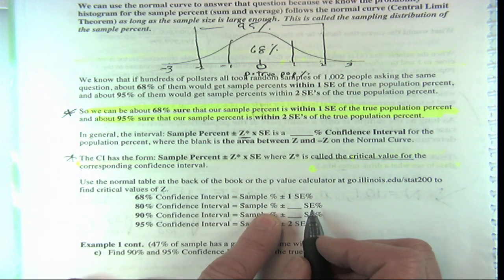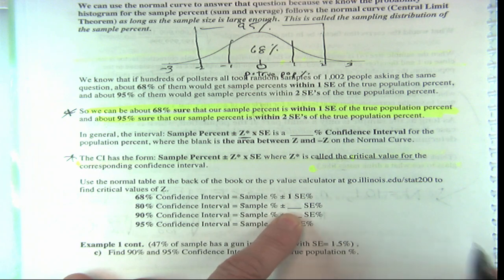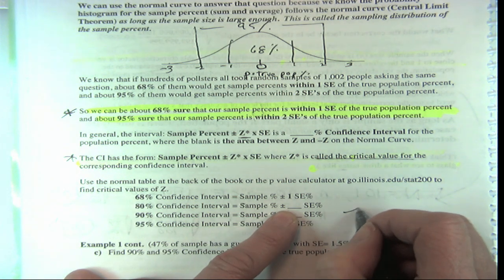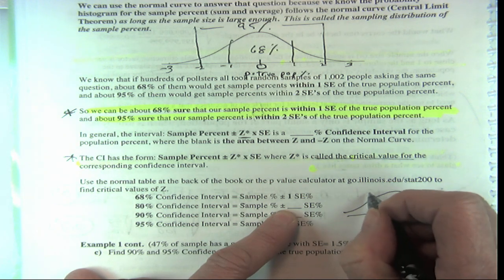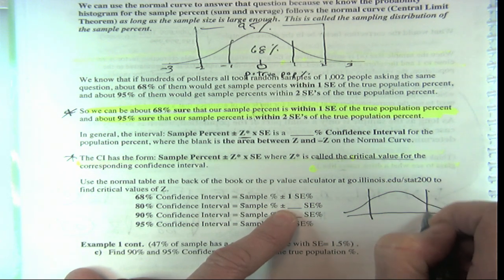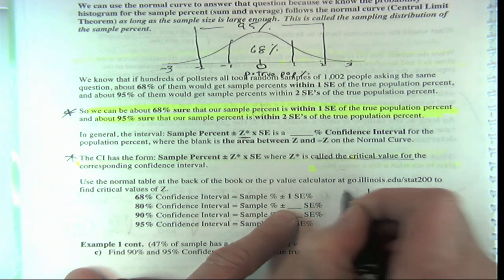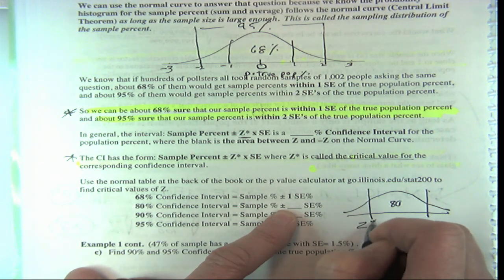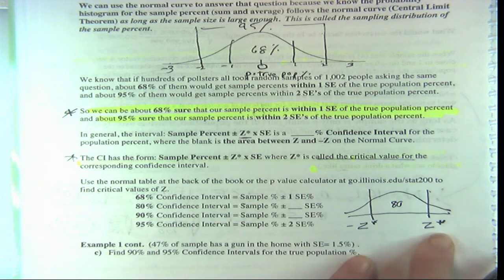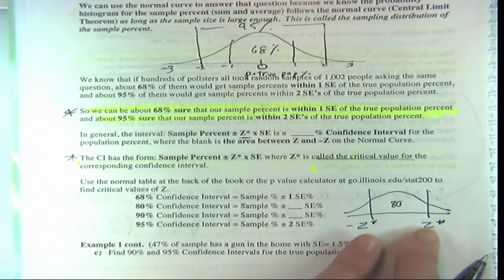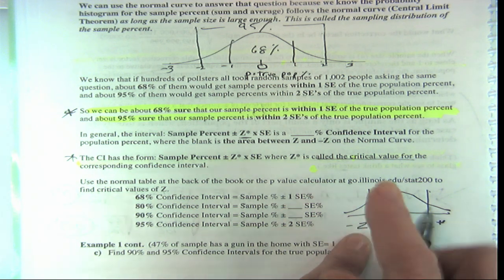How about for 80% confident? How would we find that critical value? Well, we'd look on the normal curve. What we want is the z-score, called z star, with negative z star and positive z star as the critical values, the boundaries that have 80% in the middle.